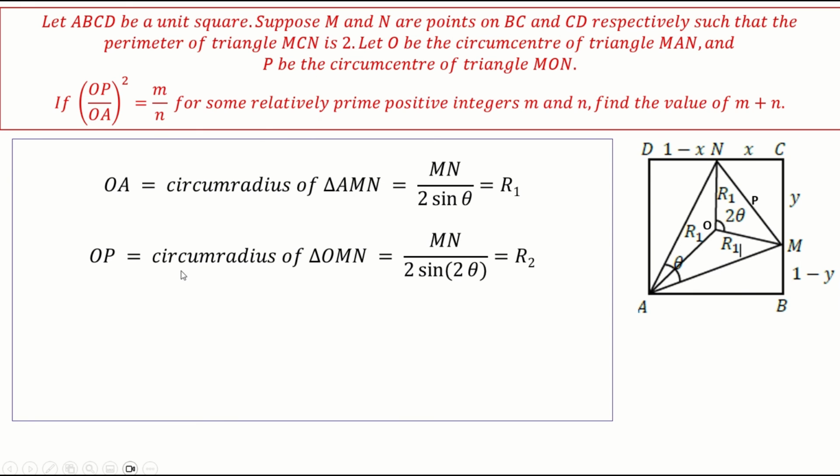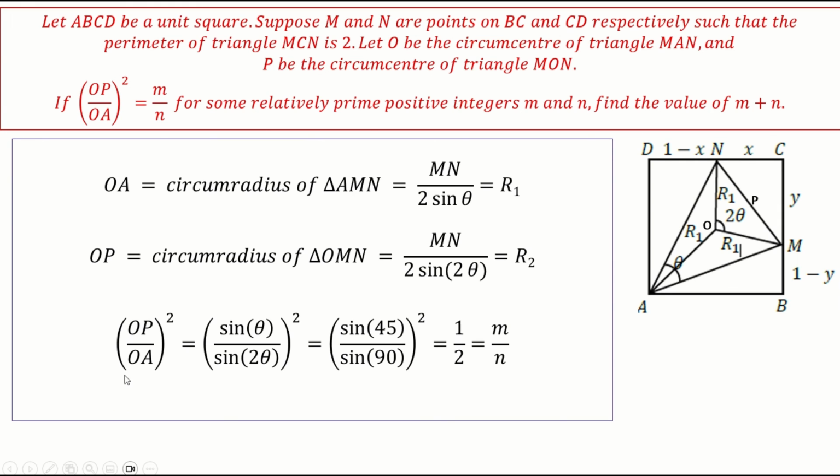OP equal to the circumradius of triangle OMN, which is nothing but again MN divided by 2 sine 2 theta. This is sine 2 theta, right? So this is R2. What we need is (R2 by R1) whole square. So OP by OA equal to R2 by R1.